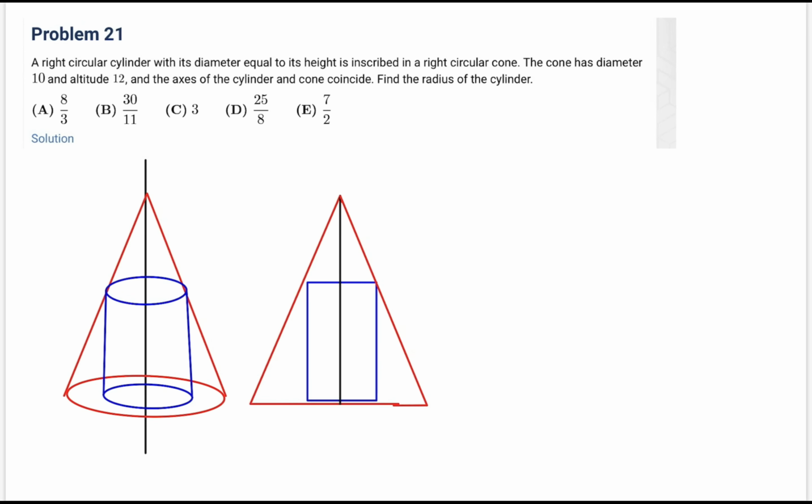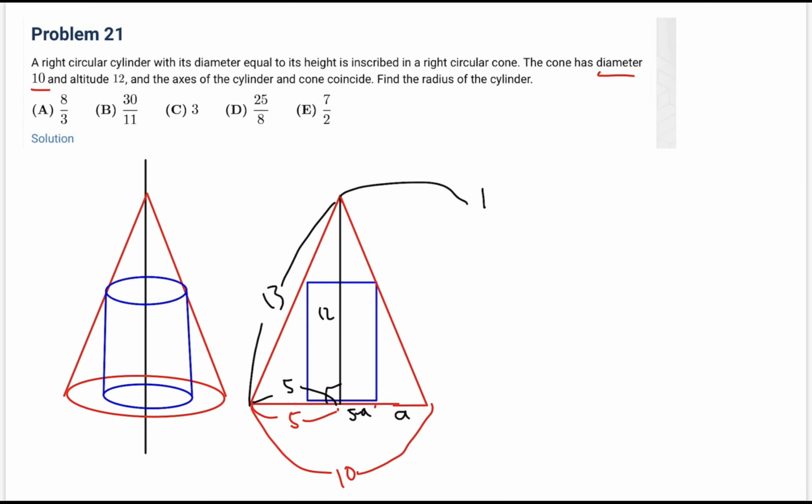Here, if this length is A, then this must be 5 minus A, because the diameter is 10. So this whole thing is 10, and so the radius is 5. If this is A, then this is 5 minus A, and since the altitude is 12 and this much is 5, and this is a right triangle, the slant height has to be 13 because of Pythagoras.